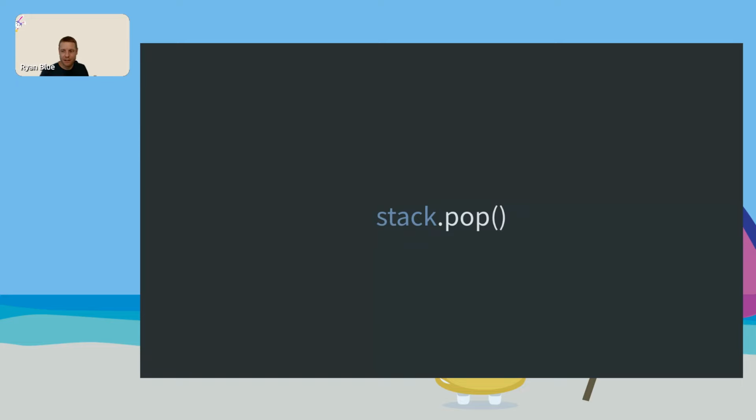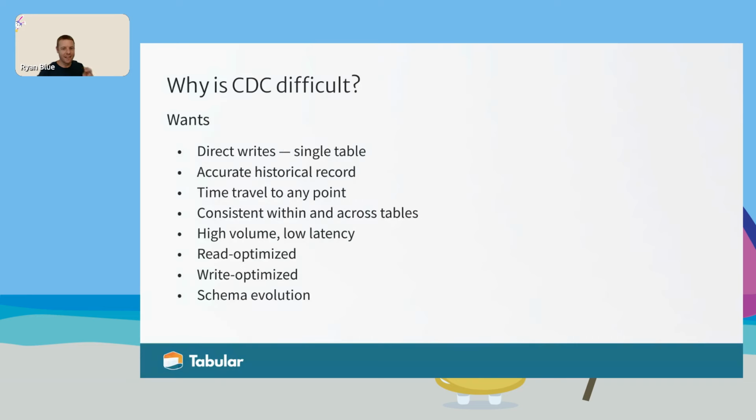Now, I think we've got a few minutes left. We've got 3 minutes left. I want to present the last pattern. So if we think about the two recommended patterns I talked about and go back to why CDC is difficult, the changelog gives us a historically accurate record, time travel to any point in time, and transactional consistency.